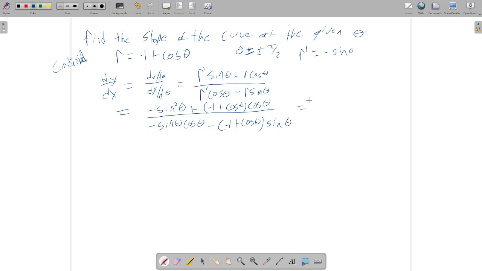Let's see here, that is negative sine squared. It is meant to be a square. And then multiply by cosine through, you get minus cosine, and then plus cosine squared, over negative sine cosine.